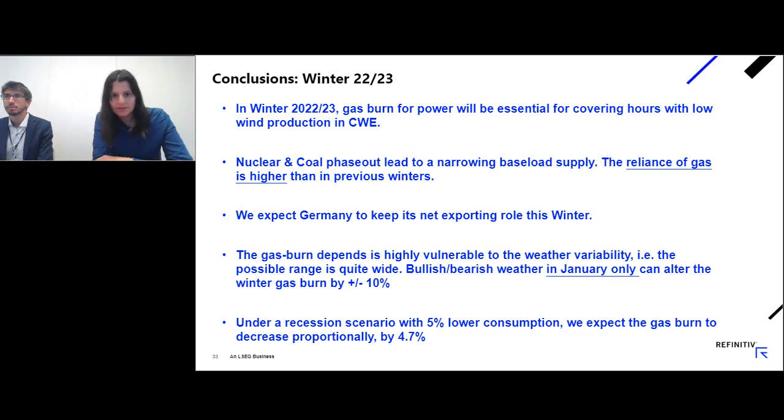So, and our recession scenario taught us that, yes, we would have a possible impact on the power prices of 7%, even under a strong recession. The gas demand, though, would decrease by a proportional amount, so 5% power demand reduction, 5% gas burn reduction as well.